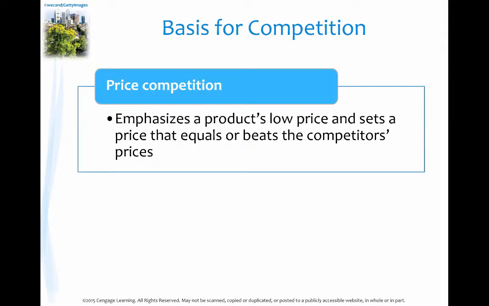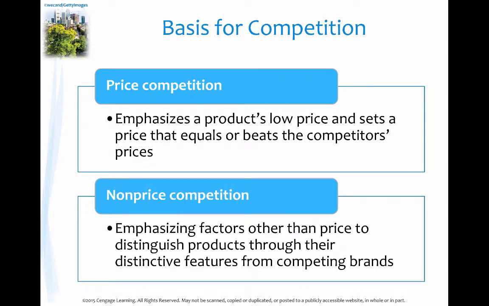Price competition occurs when a seller emphasizes a product's low price and sets a price that equals or beats that of competitors. To use this approach most effectively, a seller must have the flexibility to change prices rapidly and aggressively in response to competitors' action.